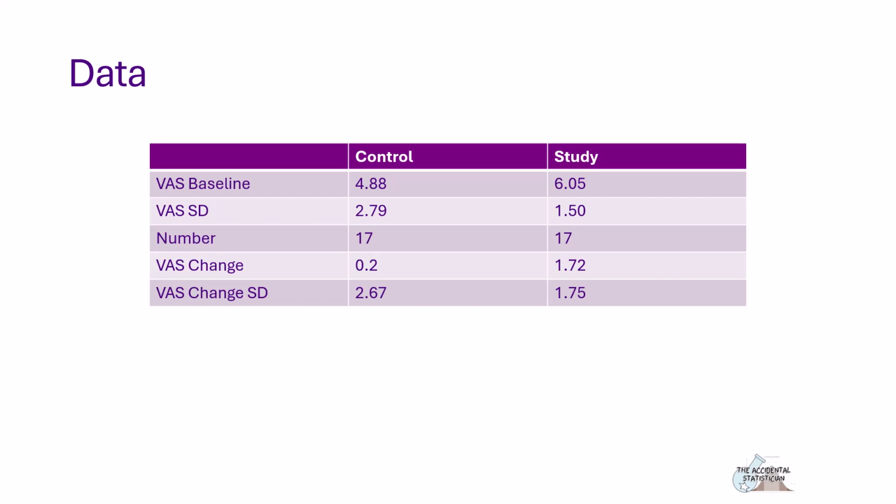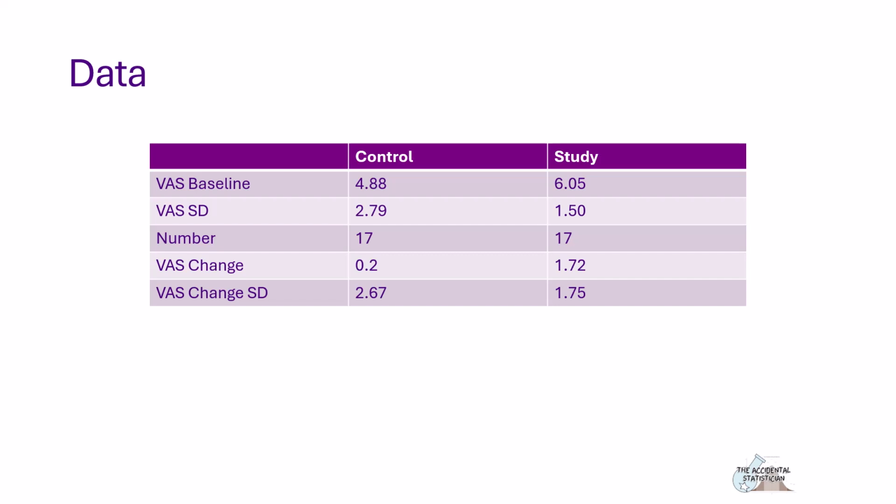The control and the study have slightly different VAS baselines. So one is about the 5 that we're consistently seeing, and one is about the 6, which is a little bit high. Standard deviation is very high on the control, not so much in the study. 17 in both groups, consistency is good.